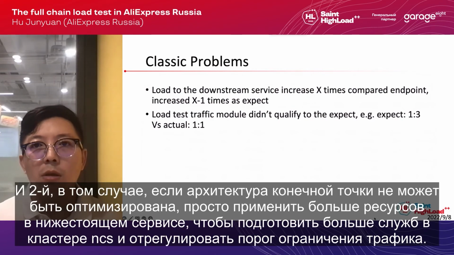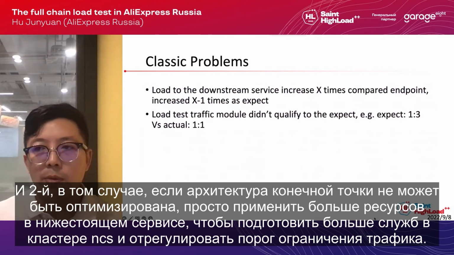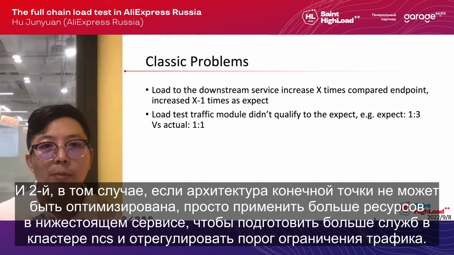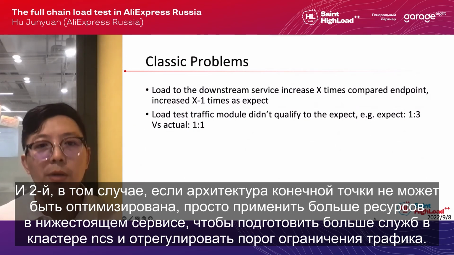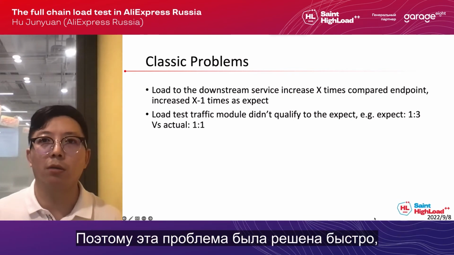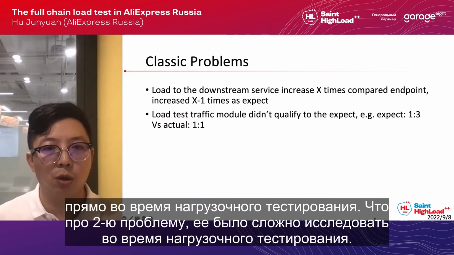And second, if the architecture of the endpoint cannot be optimized, apply more resources in the downstream service, prepare more services in the NCS cluster, and adjust the traffic limit threshold. This problem was solved soon while we were running the load test.